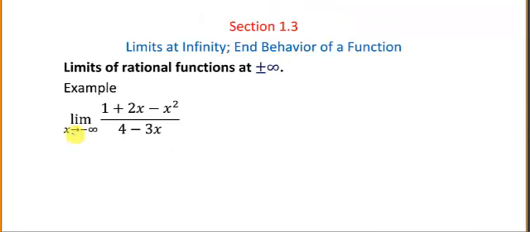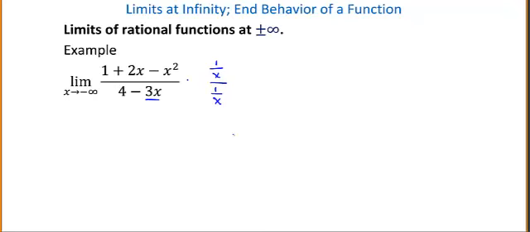All right, in this case, we have the limit as x approaches negative infinity of 1 plus 2x minus x squared over 4 minus 3x. The highest power of x in the denominator is x, so let's multiply this by 1 over x divided by 1 over x.